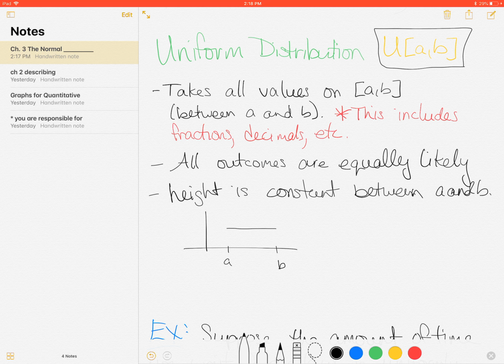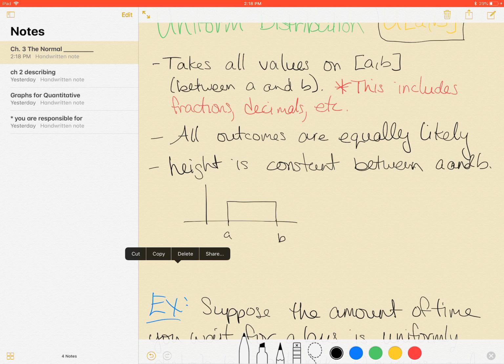Now, sometimes people, just to give it a little extra definition, draw the lines where A and B are to be like, okay, that's the starting and that's the stopping. They're optional lines, but it does turn our shape into a nice little rectangle. And that fact that it's a rectangle is going to become very important in solving problems with them. So feel free to add those lines if you like. They are optional. So let's do an example with a uniform distribution.